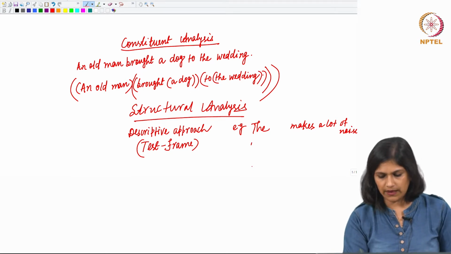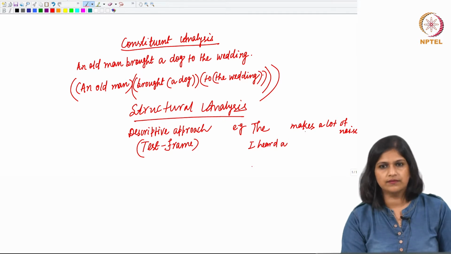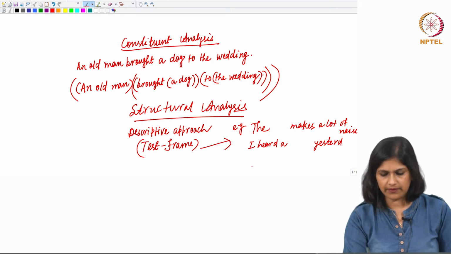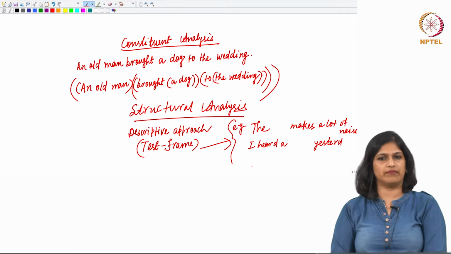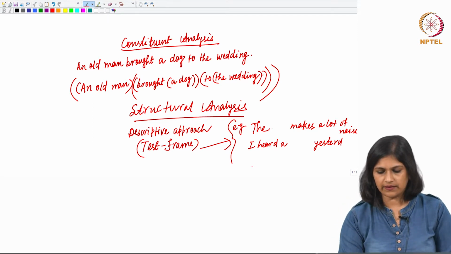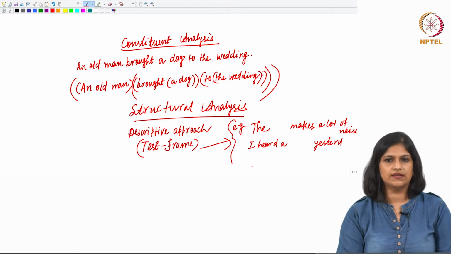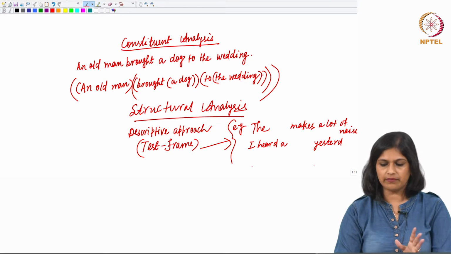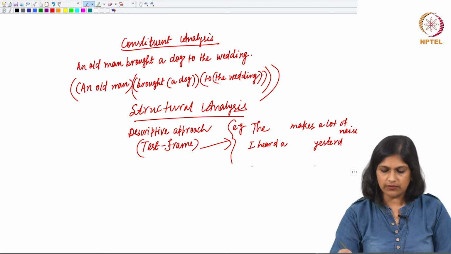The other example: "I heard a ___ yesterday." This is basically a test frame. In this frame you can add a lot of things. You can write the car makes a lot of noise, the child makes a lot of noise, the donkey makes a lot of noise, the dog makes a lot of noise, or the radio makes a lot of noise.